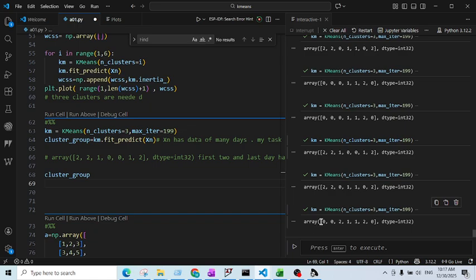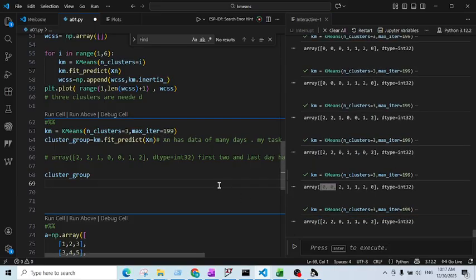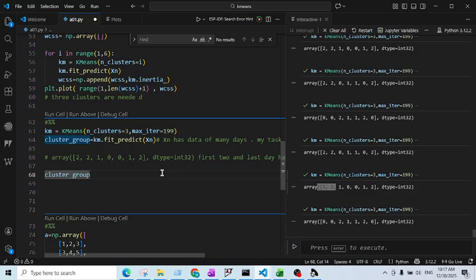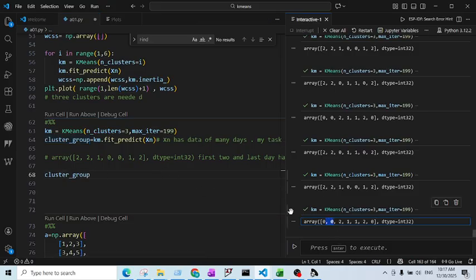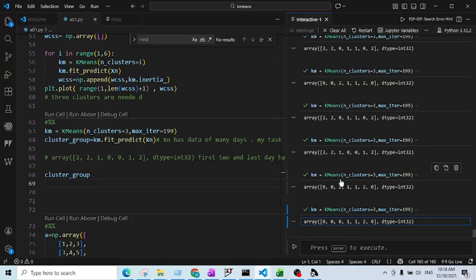You see that these two are similar, and if I run this again you can see these two are similar again. Now you can see that the first 3 are similar.